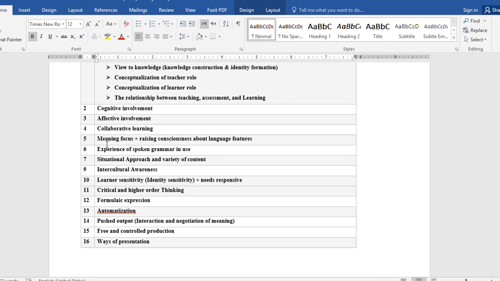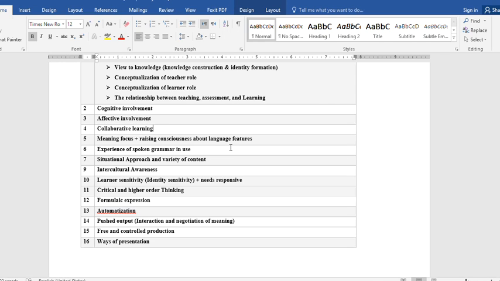Criterion number 5: meaning focus and raising consciousness about language features. Okay, if you remember from the previous semesters, when we talk about meaning focus and form focus, materials should be simultaneously meaning focused and form focused.